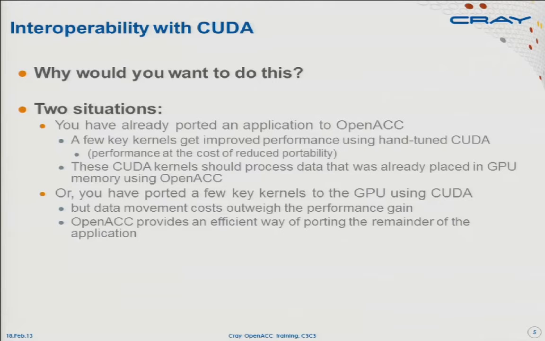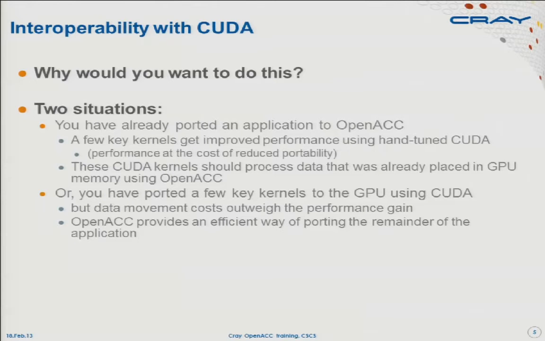So why would you want to be able to interoperate with CUDA? Well, there are two reasons. One is that you want to get some better performance. You've ported everything with OpenACC, but there's a particular kernel where, if you could use some particular feature of CUDA that's quite low level, it would really benefit your application.